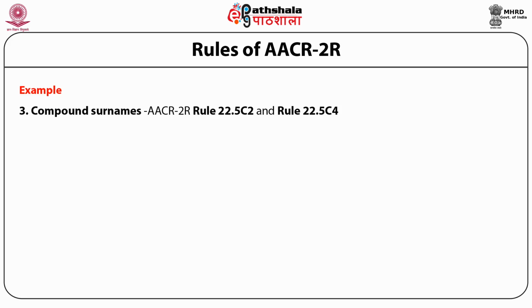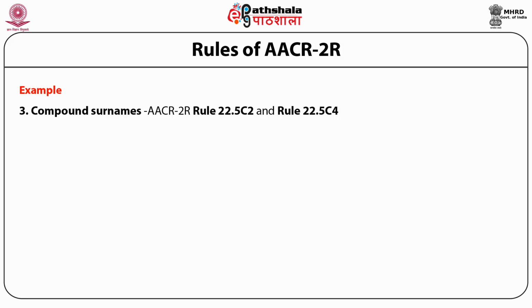Compound surname. AACR-2R rule number 22.5C2 prescribes that enter a name containing a compound surname under the element by which the person bearing the name prefers to be entered. If this is unknown, enter the name under the element under which it is listed in reference sources in the person's language or country of residence or activity.